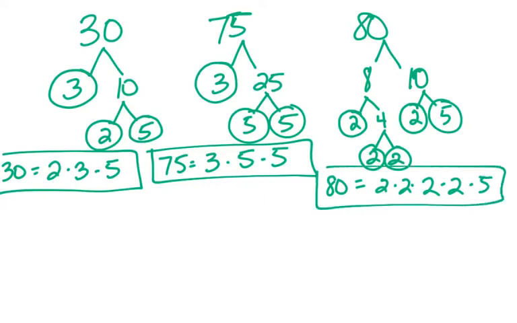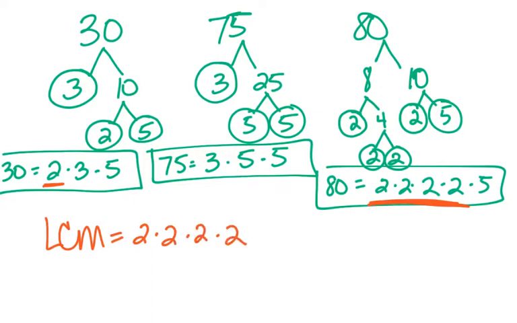So now we have these nice lists. So to create our least common multiple, we need to include 2's. There's 2's here. Because it appears the most in 80, we need to do all 4 that appear in 80. So now we've kind of accounted for our 2's. Our 3's, there's a 3 here and a 3 here.